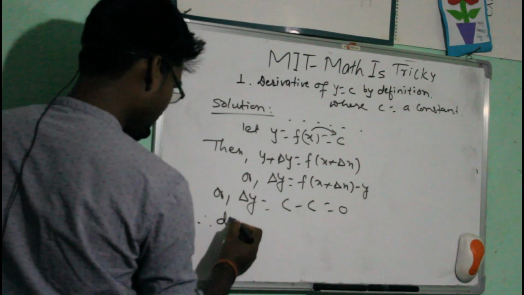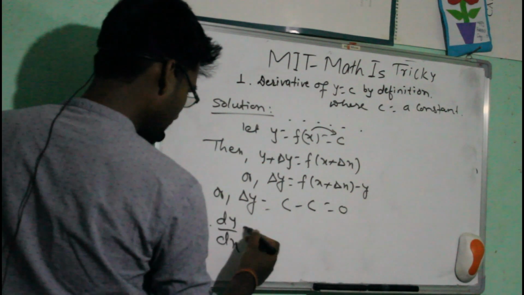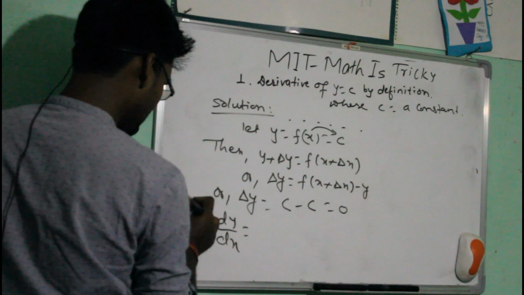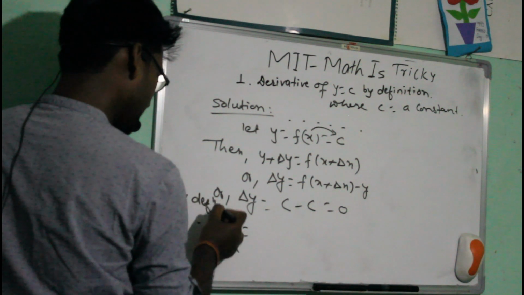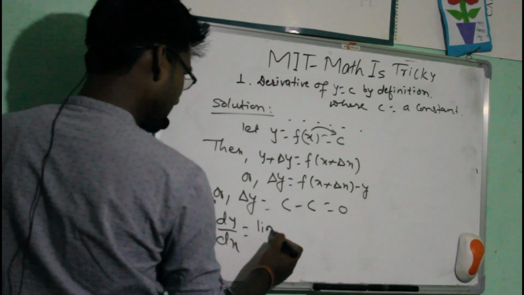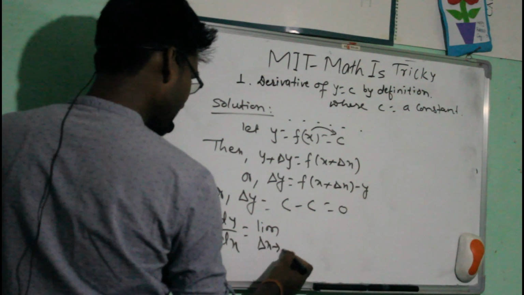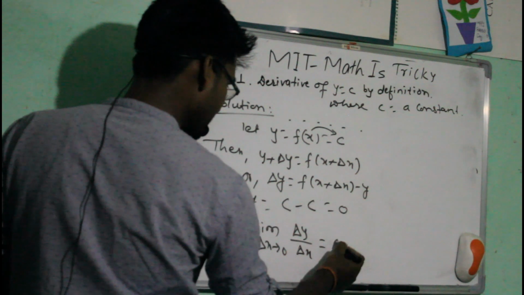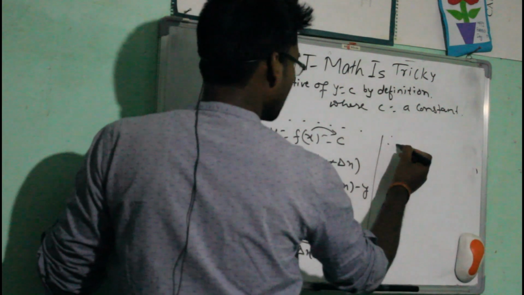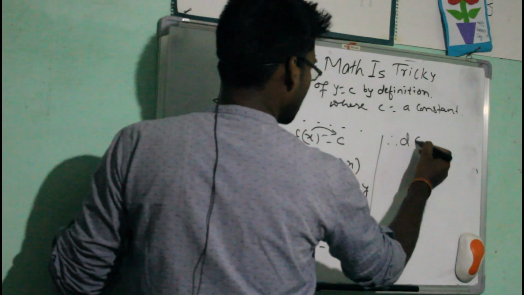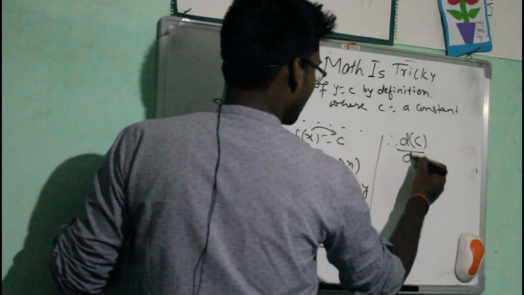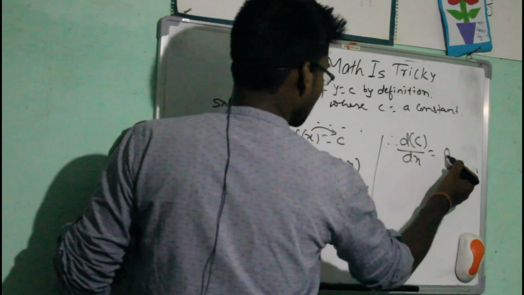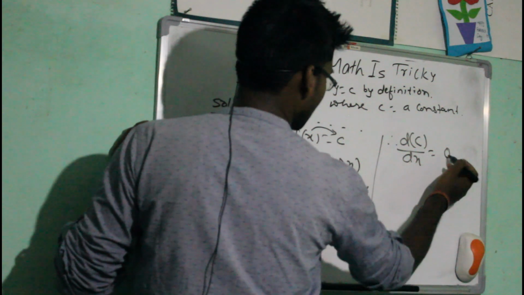Therefore dy by dx equals, by definition, the limit as delta x tends to 0 of delta y by delta x, and it gives simply 0. Therefore the derivative of c, a constant, is 0.